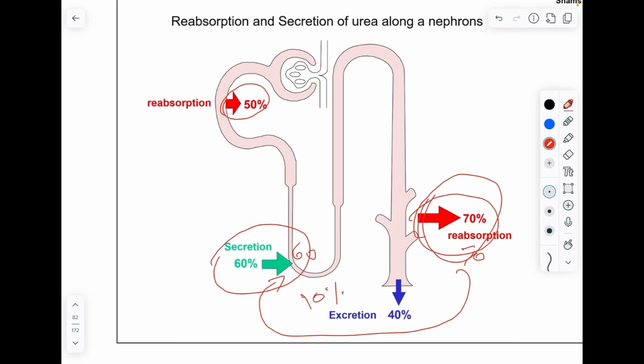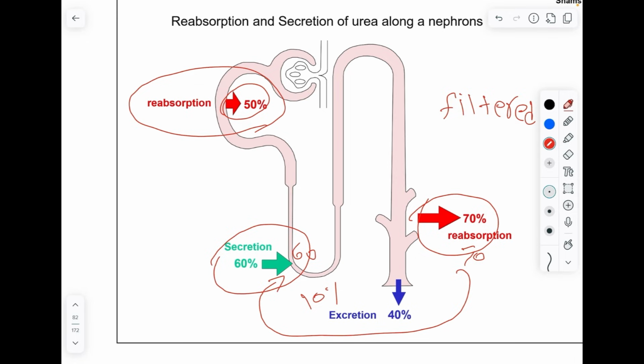You will say, okay, this one, because most reabsorption is happening there. And you will be correct. Now, the second question, which is in Dr. Shams's file, was asking which of the following is reabsorbing most of the filtered urea? Filtered, okay? And now it's not the collecting duct, it's actually the proximal tubule.